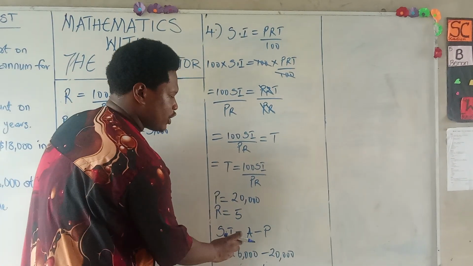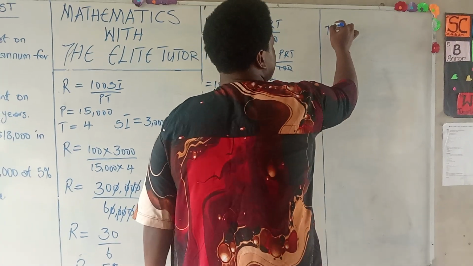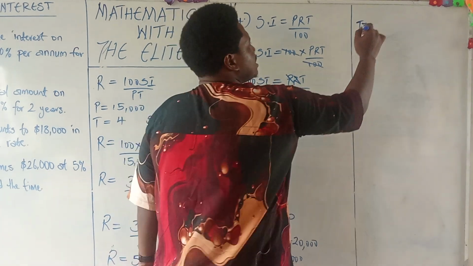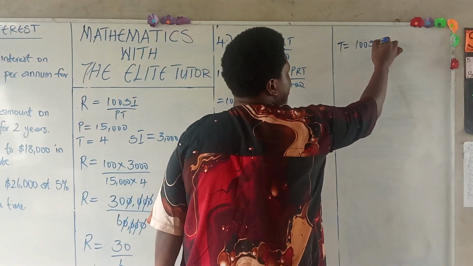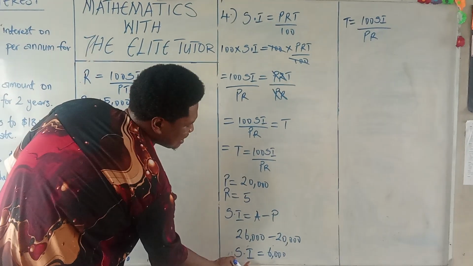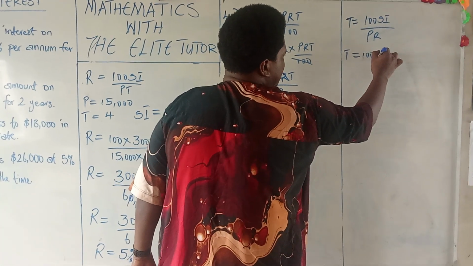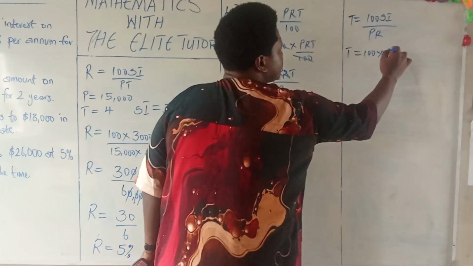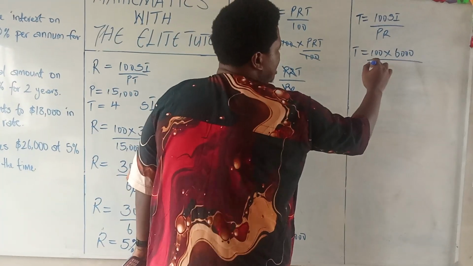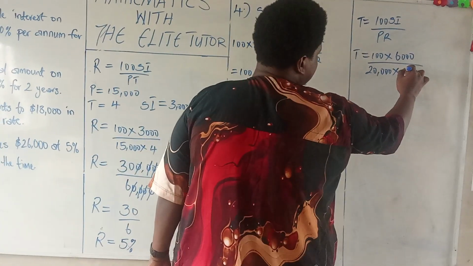So we have that our T, which is our time, is equal to 100 SI over PR. So we have that T is equal to 100 times, what is our SI? 6,000. Divided by our P, R. What is our P? Our P is 20,000. And then our R is 5.